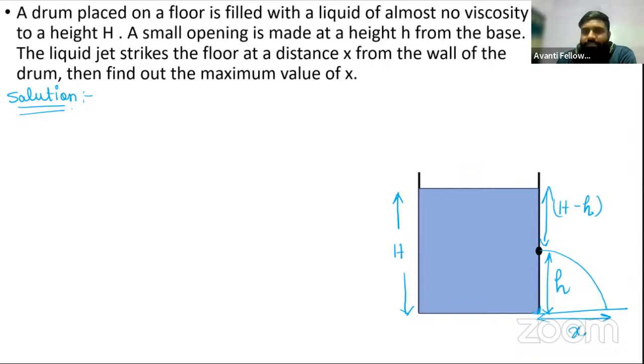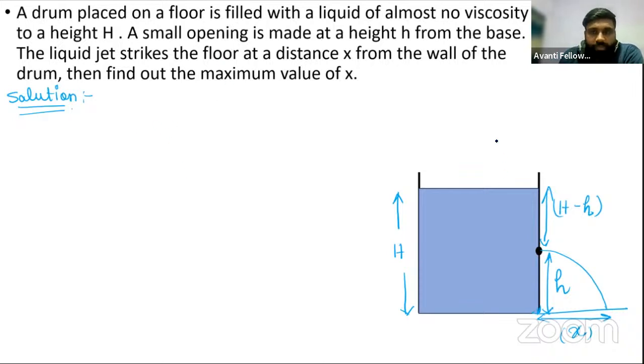So we want to know the maximum value of this x. Okay. So firstly, we are going to calculate the velocity of this liquid which is coming out. If we multiply that velocity with the time it will take to come down, we will have the value of x.